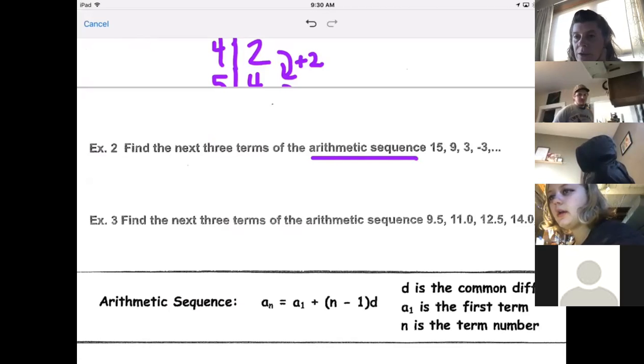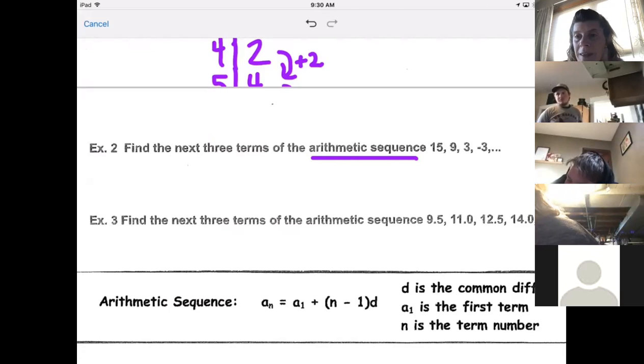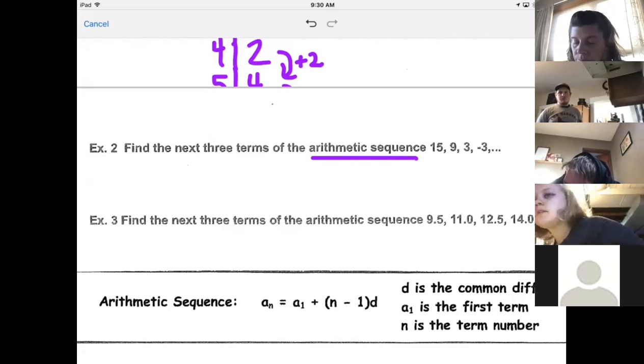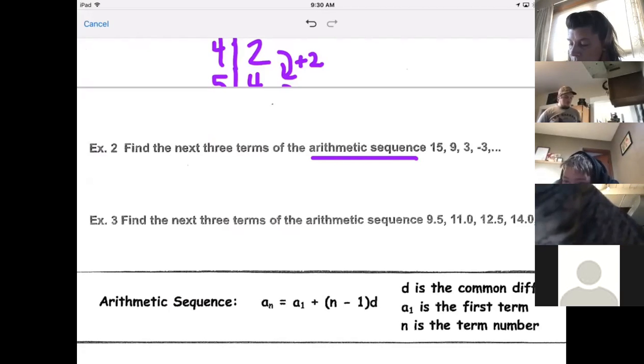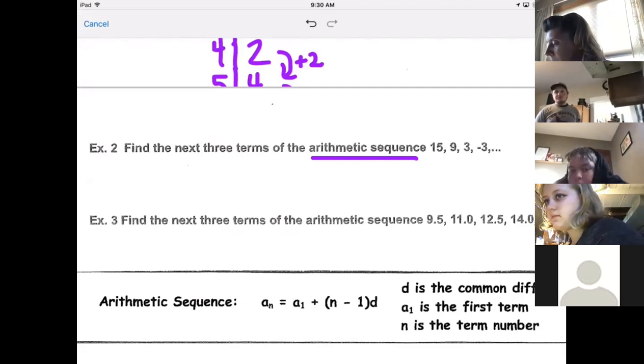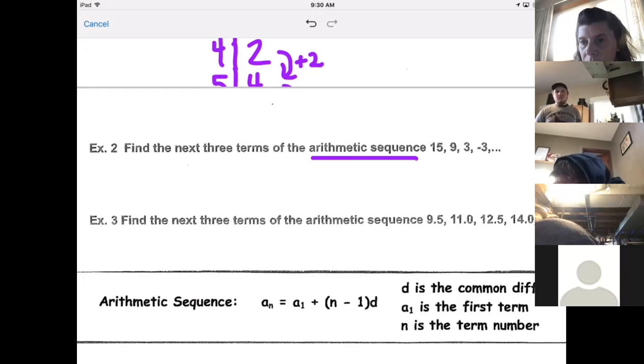So we already know that there's some number that's being added over and over and over again to get to the next number, right? So how do I find out what that number is that's being added over and over again? You know what? I'm gonna let someone else answer. Caitlin, do you know?